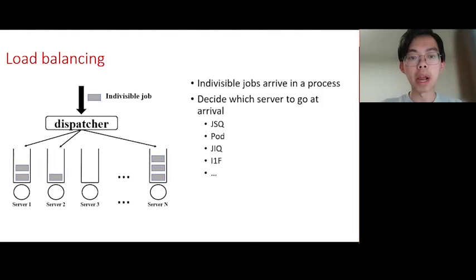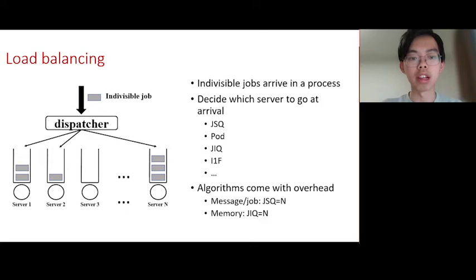So far, many load balancing algorithms with good performance have been designed, such as join the shortest queue, power of d, idle one first, and join the idle queue. Although they allow job delays to be small, these algorithms usually come with additional overhead.